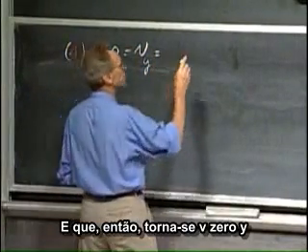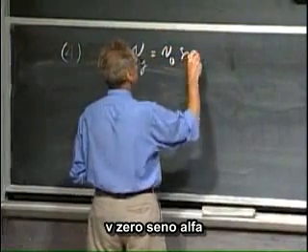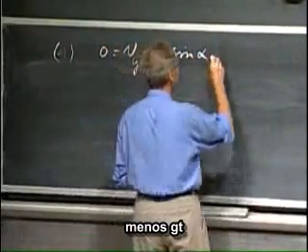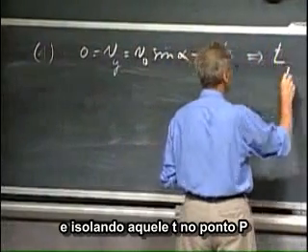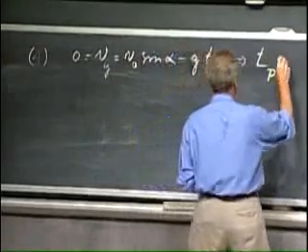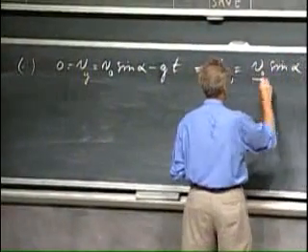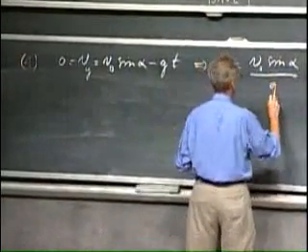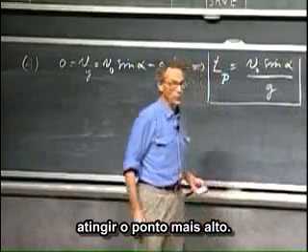And that then becomes v0y, which is v0 sine alpha, minus g t, and out pops that t at point P is going to be v0 sine alpha divided by g. So that's the time that it takes for the object to reach the highest point.